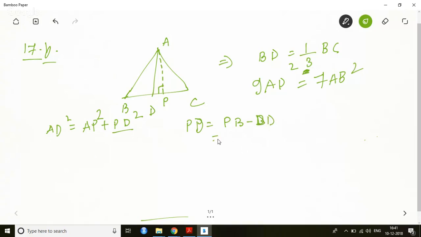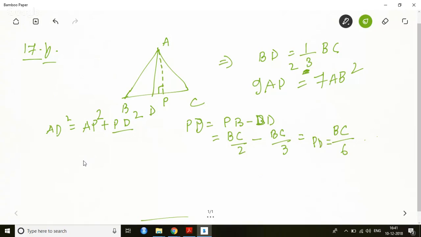PB is BC by 2, half of it, and BD is 1 by 3 BC, so BC divided by 3. So how much does it come to? It comes out to be BC by 6. So PD is equal to BC by 6.